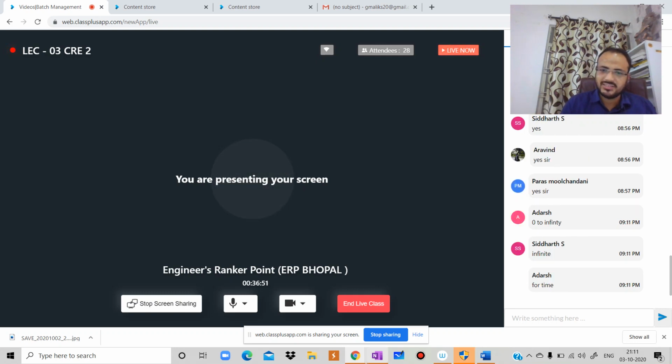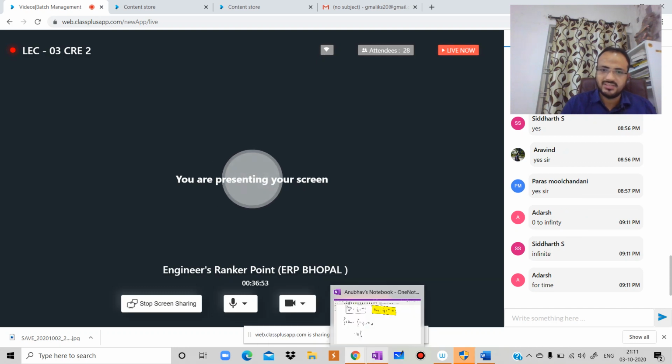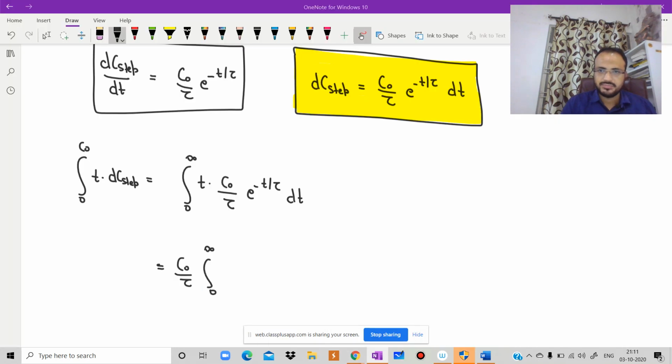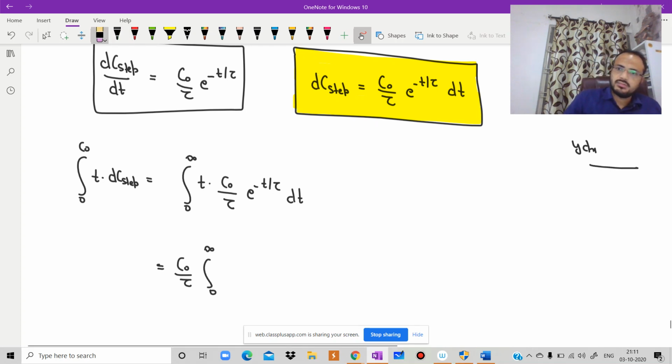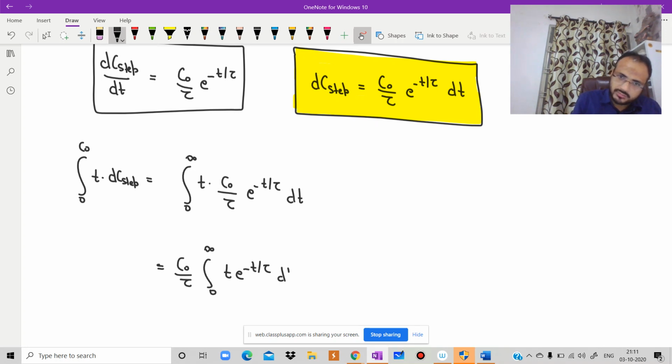So take care of this thing, otherwise it would go wrong. Because again it is y into dx, it means you will take the limit on the x axis. Is it clear? So now you have t into e to the power minus t by tau into dt.